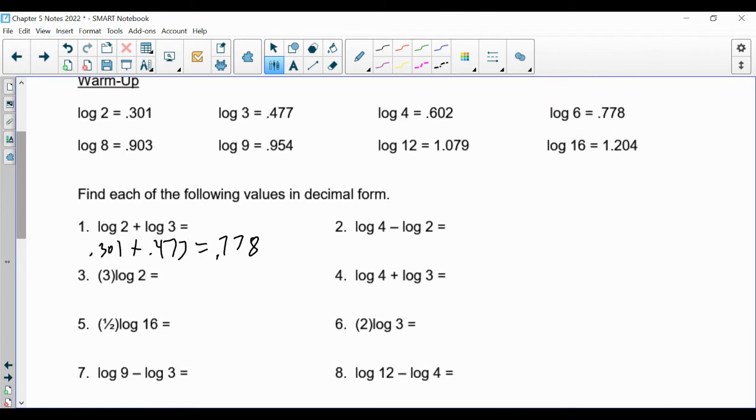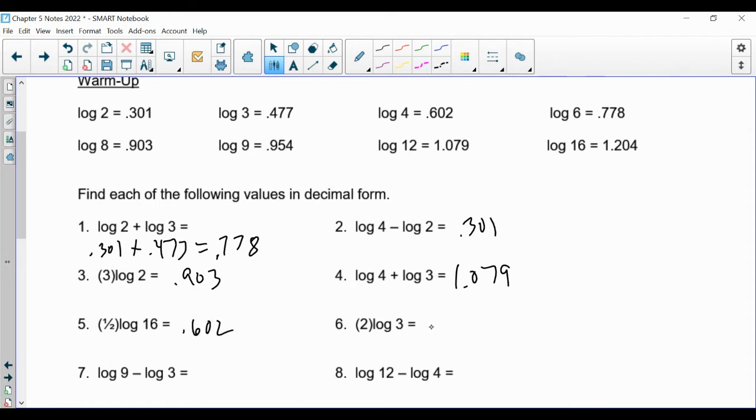Okay, so hopefully you tried it out and you hopefully got these as your answers. 0.301. This one should have been 0.903. This one should have been 1.079. This one 0.602.